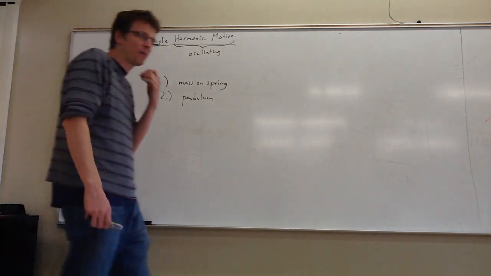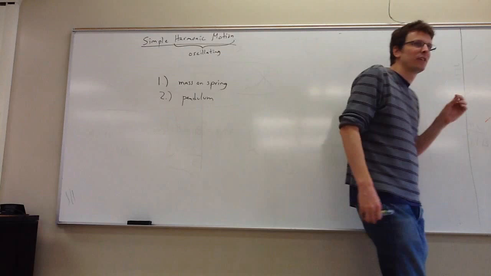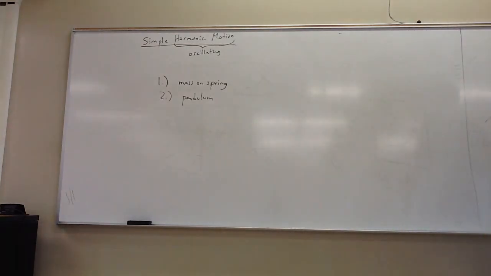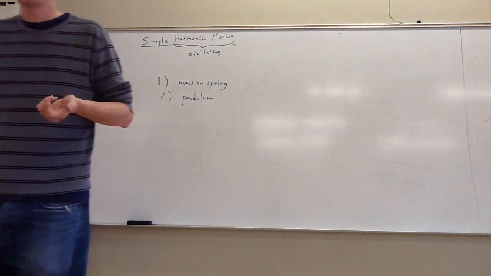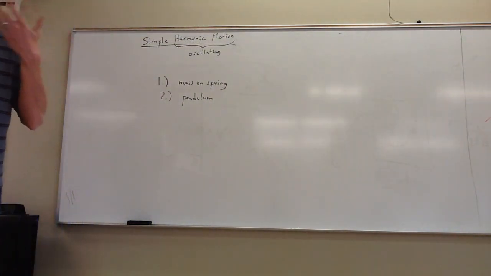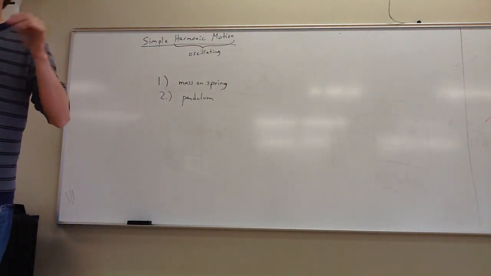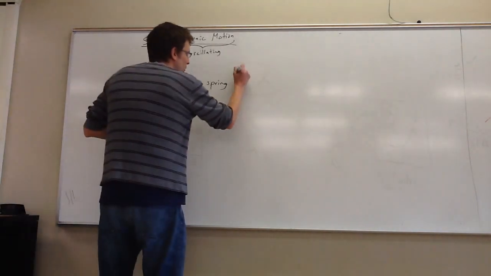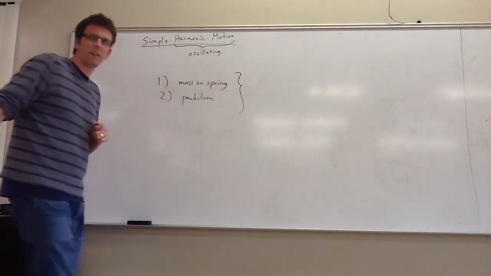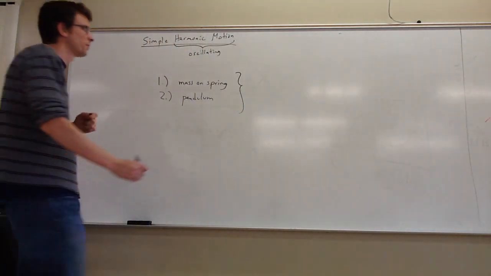That's why I'll talk about that in a second. We'll talk about a mass on a spring system which has no caveats or catches, and get accustomed to what's going on. And then we'll move on to the pendulum, which has a few caveats or asterisks about how it works. For both of these systems, we're going to look at three different aspects.